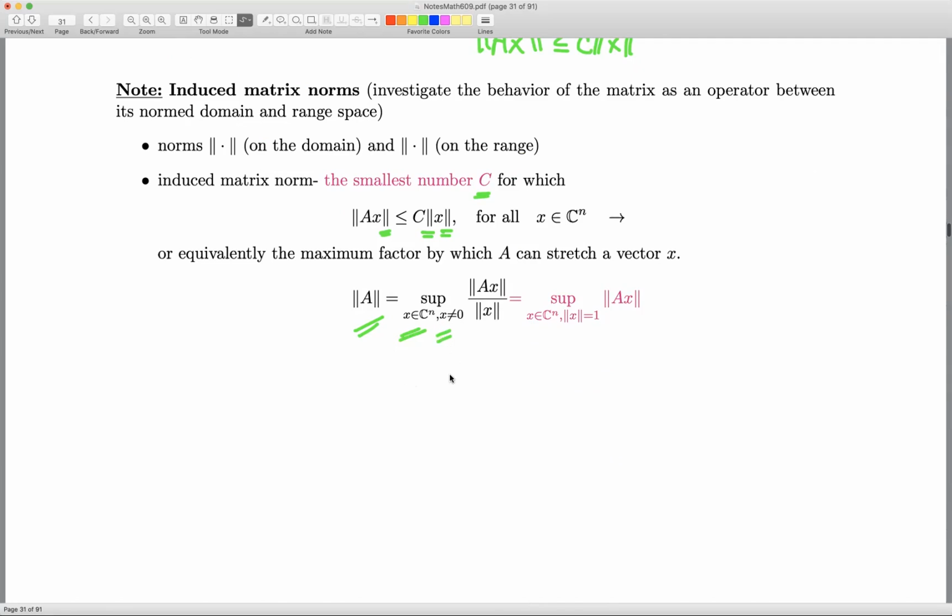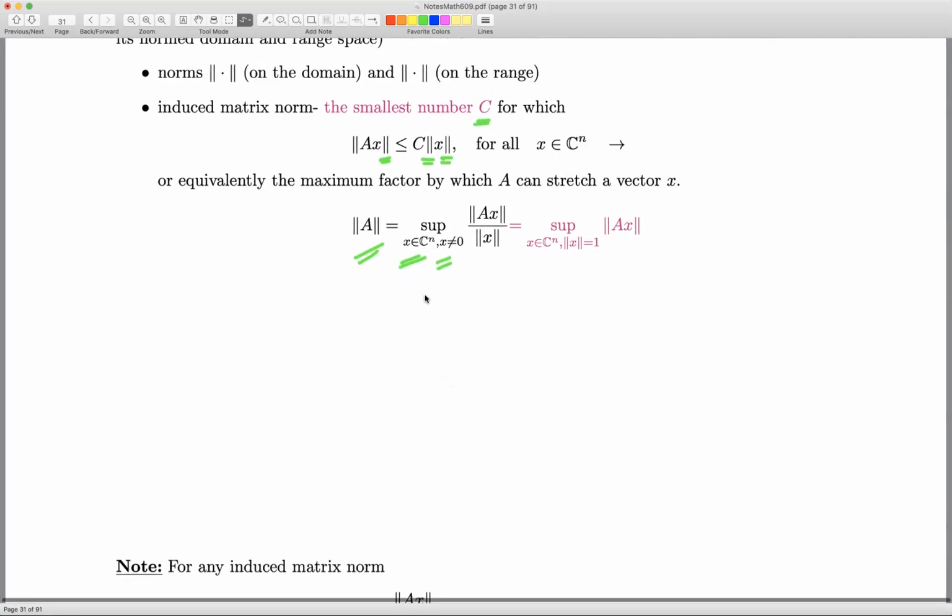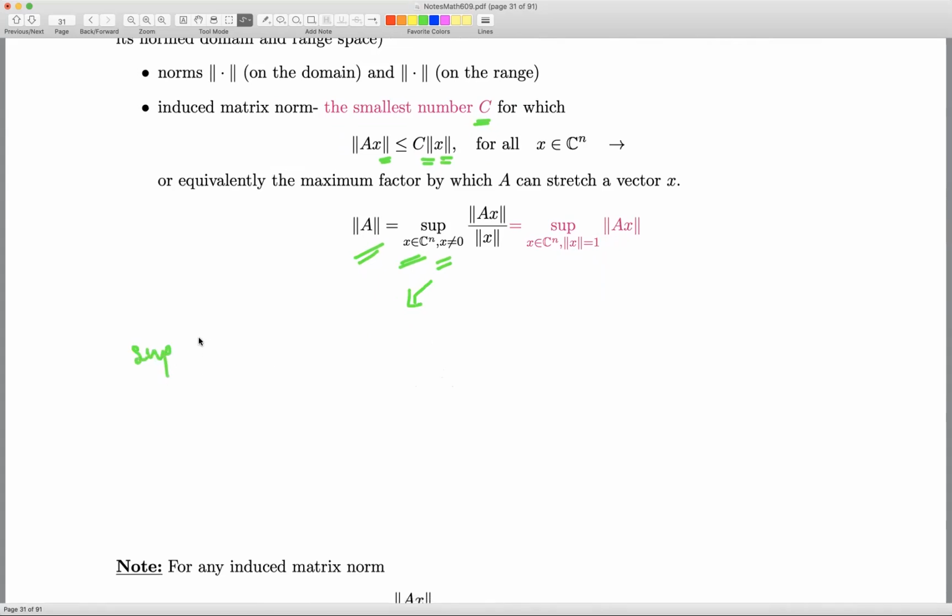Now, as we discussed before, I have 1 over the norm of x times the norm of Ax. This I can put in: the sup over all vectors x in Cn that are different from 0 of the norm of 1 over the norm of x, A applied to the vector x.